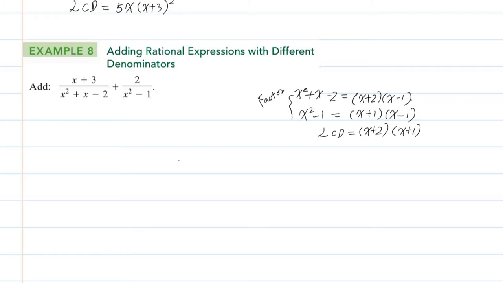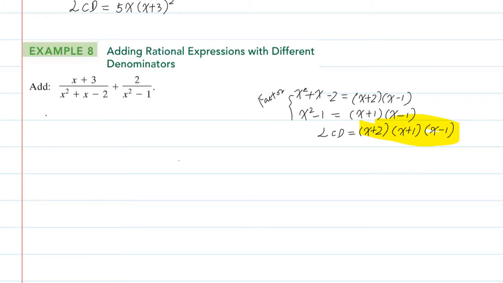Then x minus 1 has power 1 in both, so we just take one of them. That will be x minus 1. So that is your least common denominator.